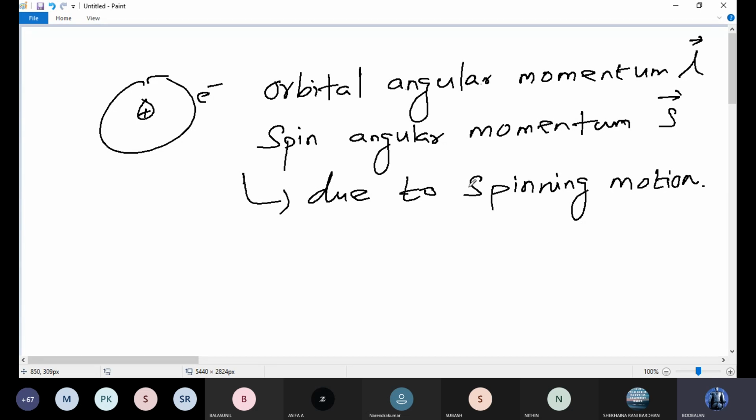The magnetic moment possessed by an electron due to its spinning motion. It is called the spinning magnetic moment or instantaneous magnetic moment.